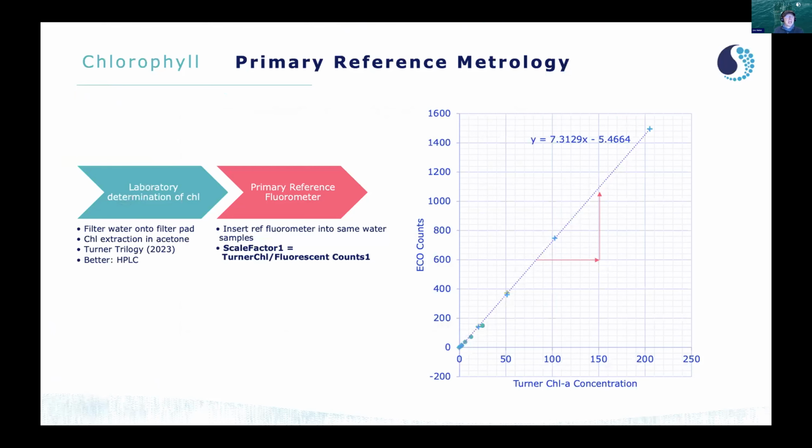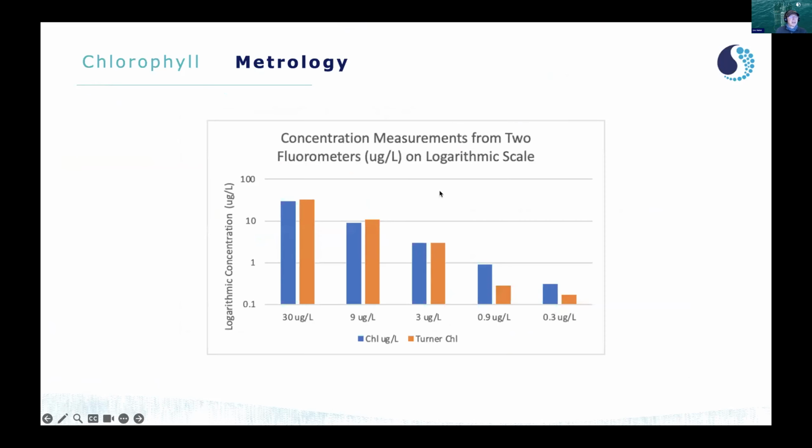So here's just an example of that first step, where we have the laboratory concentration from the calibrated laboratory fluorometer on the horizontal axis, the ECO counts of our primary reference fluorometer on the vertical axis. It's that slope, that's the scale factor, that relationship between a chlorophyll measurement and the counts that gives us the primary scale factor.